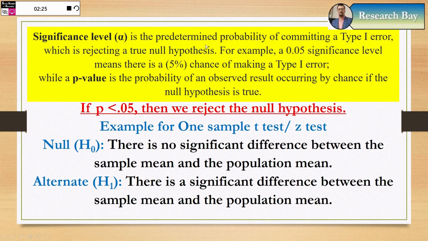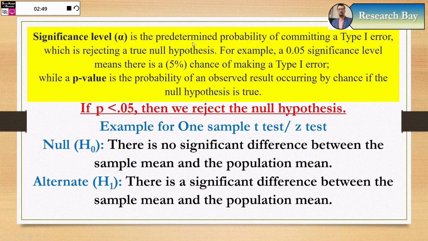Significance level is the predetermined probability of committing a type 1 error. Now, what is a type 1 error? It is rejecting a true null hypothesis. So when in fact you shouldn't be rejecting a null hypothesis, you mistakenly reject it. This is known as type 1 error.